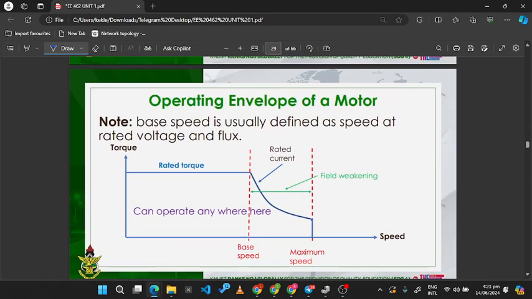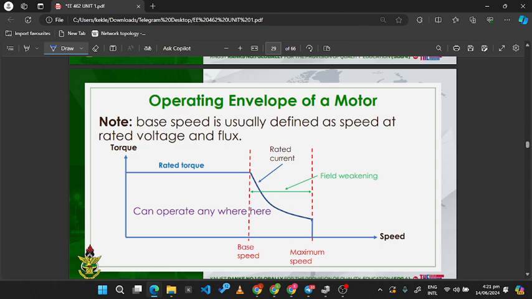So you can see the motor supplies the rated torque up to the base speed. Right. Then if the speed should increase further than this, the base speed is defined as a function of voltage and flux.